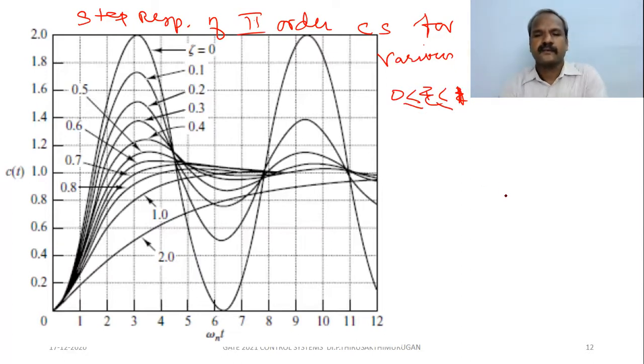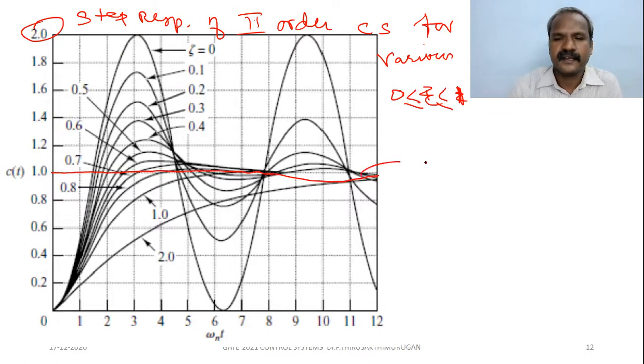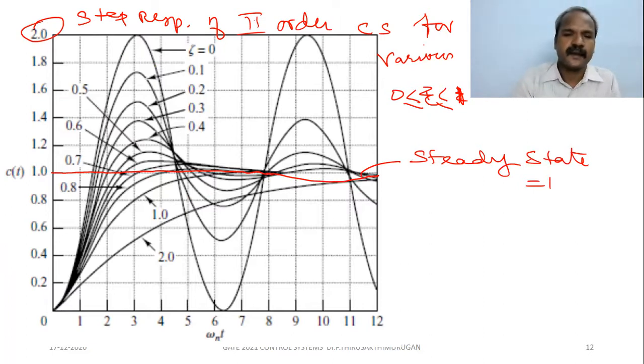Okay. So when zeta equal to 0, it is the undamped case. So it oscillates about the set point, the final steady state value of 1. Steady state value equal to 1 for the step response of a unity feedback control system.